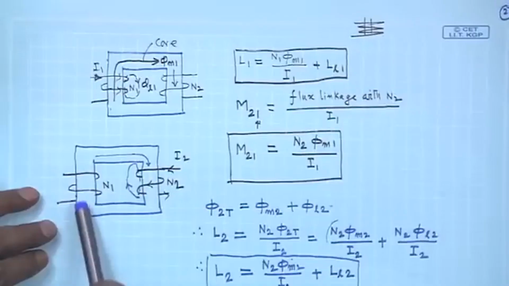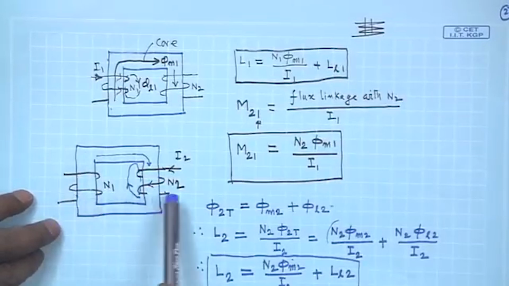Let us continue with the self and mutual inductances of coupled coils. We have taken simple coupled coils, that is 2 coils, linked with a common magnetic circuit like this, core, N1, N2.